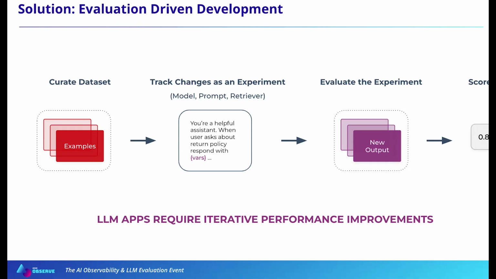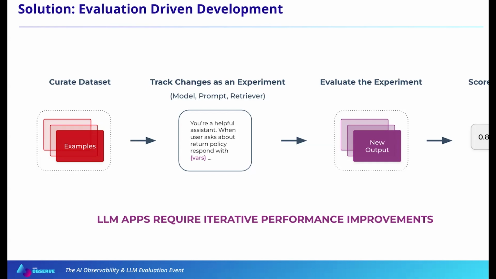The main idea is you curate a data set, right? You have a data set of examples. This could be a golden set of examples. This could be a bad data set, let's say a data set of hallucinated examples. And then you track your changes as an experiment on top of that data set. So let's say you change a prompt, right?